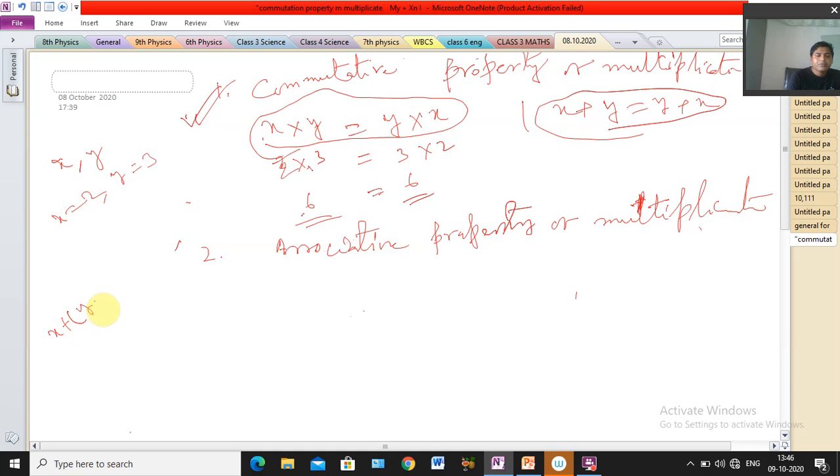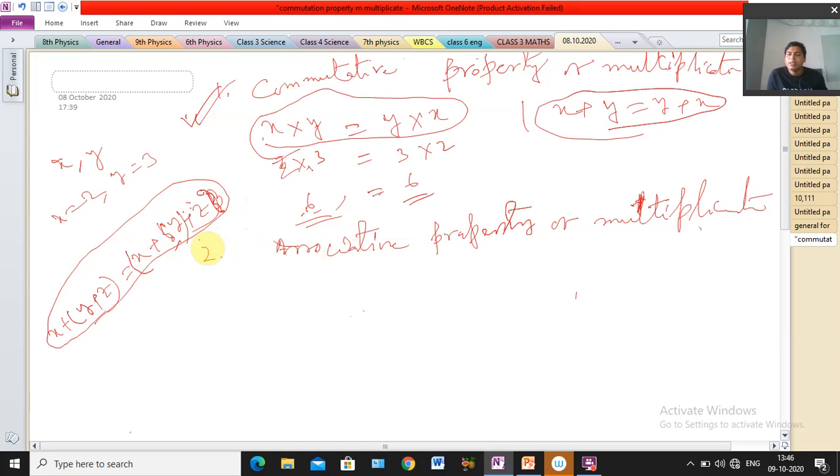If we take three variables x, y and z, then x plus in bracket y plus z equals in bracket x plus y plus z. Here x plus y will be in bracket, because in the left hand side we are taking y and z together in bracket, so the second time in the right hand side, x and y will come together in bracket.